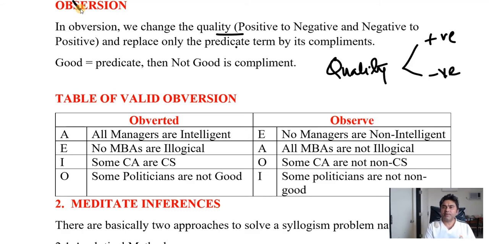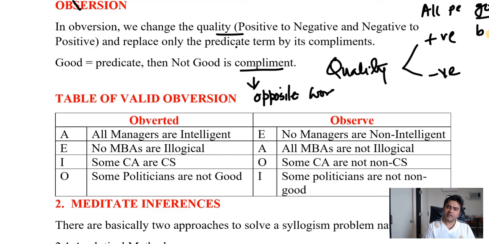and A you have to convert into E. So all managers are intelligent. From all I am putting no. Manager will remain manager, are means remain are, and intelligent will be converted into non-intelligent. Now look here, no MBA are illogical.